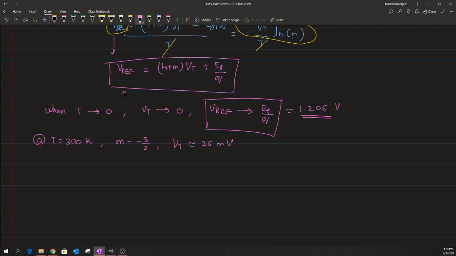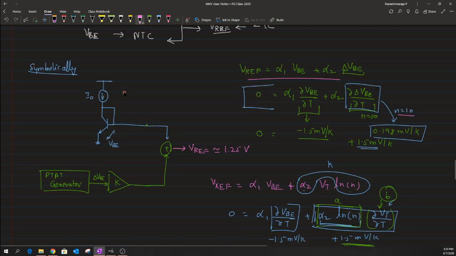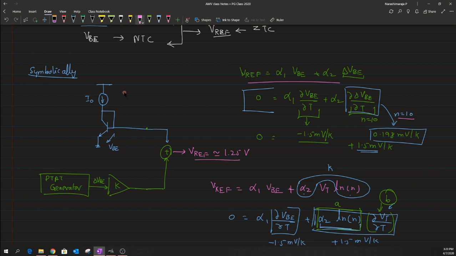Based on these values, when we evaluate the V reference, we end up with a result closer to 1.25 volt. This is the reason why when I wrote the V reference, I stated that the value is equal to 1.25 volt.